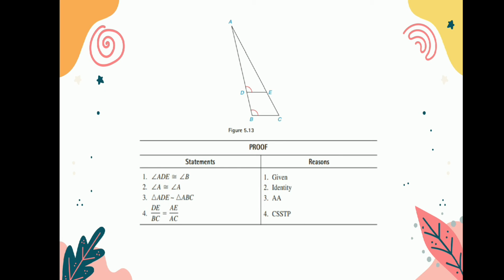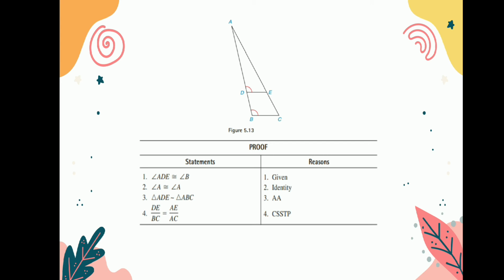We can look at figure 5.13 to prove those statements. Statement 1. Angle ADE is congruent with angle B. The reason is given. Statement 2. Angle A is congruent with angle A. The reason is identity.